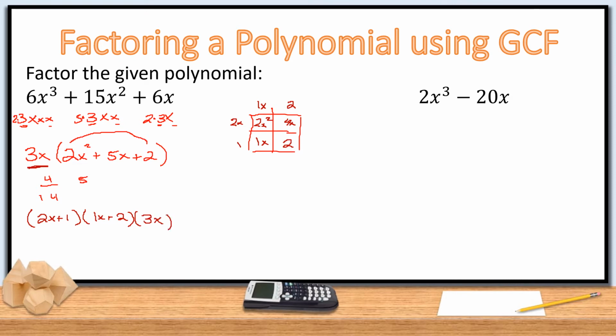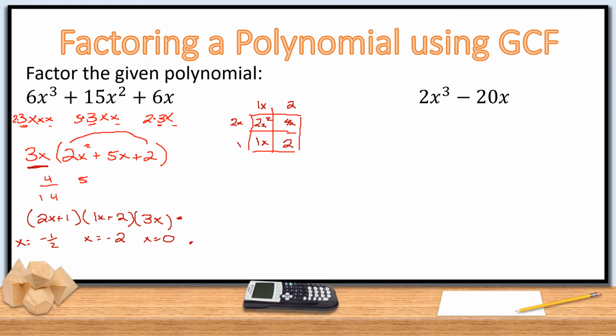So this would be the polynomial in factored form. So you're writing it down into its factors, and if you want to solve for the zeros, you could do that. So that would be x equals negative a half, x equals negative 2, and x equals 0. Those would be my 3 zeros. So we got factored form and then solved.